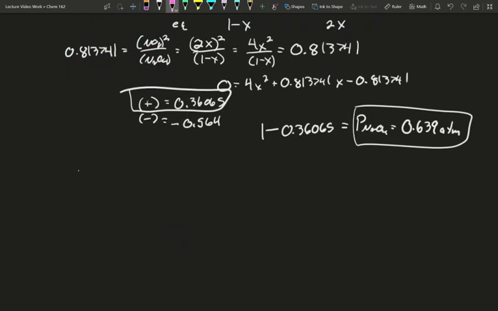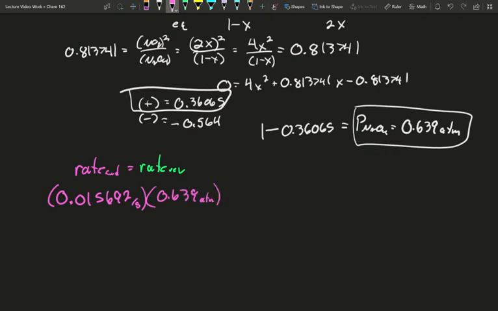So let's compare this with our rates. Our rate forward must equal our rate reverse at equilibrium. We now know the K value for our K forward. That was 0.015692 per second. And a concentration we now know of 0.639 atmospheres of our N2O4.